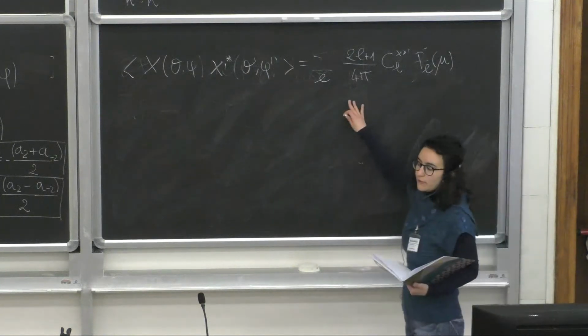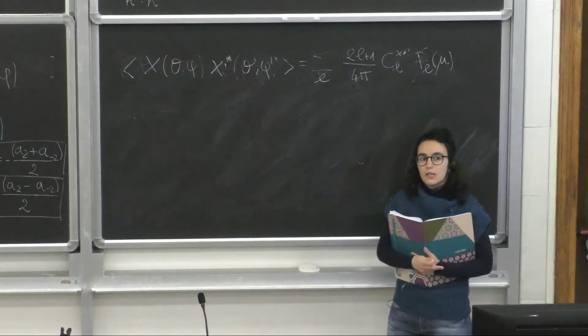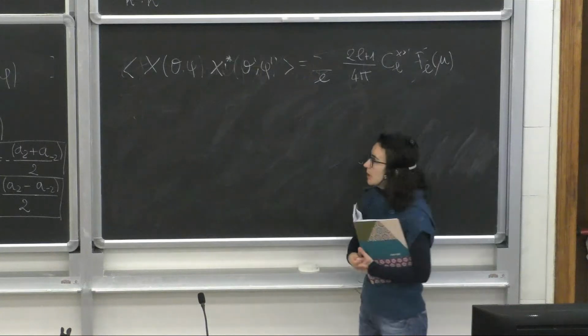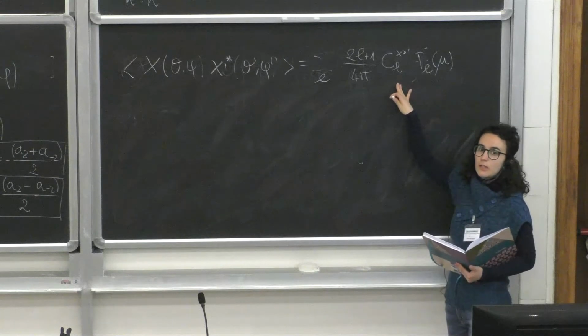You can also think of this as a relation between observational quantities and theoretical quantities, because it's much easier for us to predict C_L.